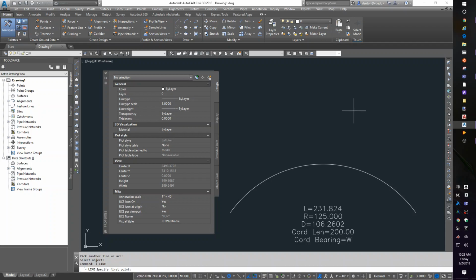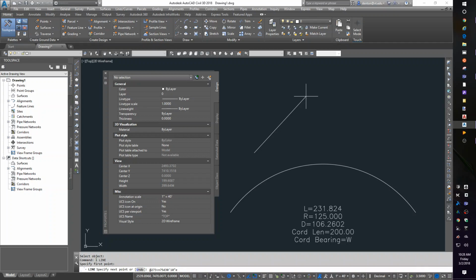If I put a line in right here, I can say at 273, angle north 75 degrees, 30 minutes, 10 seconds east.